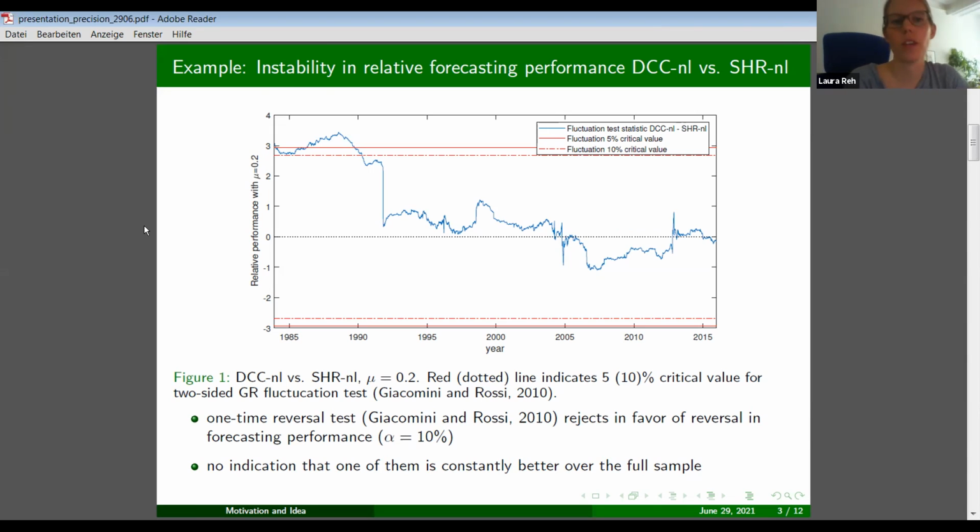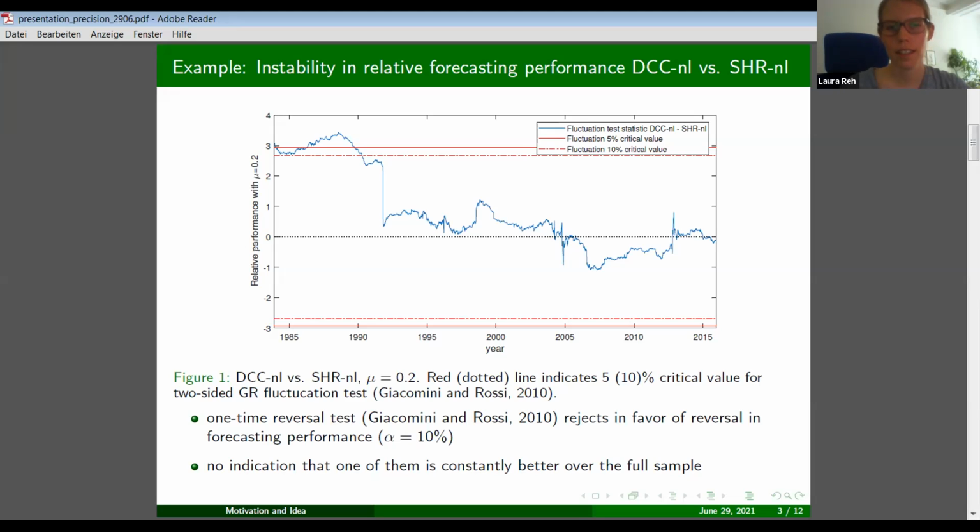What you see here is the relative forecasting performance of two of the most successful static and dynamic approaches, namely the DCC with nonlinear shrinkage, as well as the Ledoit and Wolf nonlinear shrinkage estimate of the empirical covariance matrix. The blue line is also the test statistic of the so-called fluctuation test of Giacomini and Rossi, in which we test the null of an equal forecast performance over the complete time horizon.